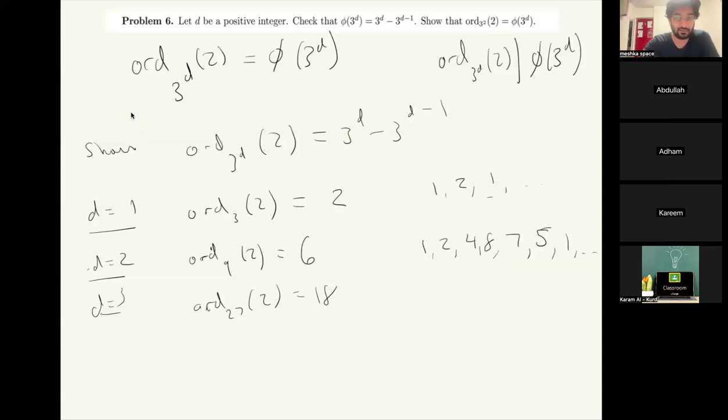Yeah, so we want to use induction. Since we're going to do induction, if we understand this one, we'll understand the general case. This one is too big to do by hand. I don't know the first 18 powers of 2, it's too much. So how can we prove this? How can we find the order of 2 modulo 27?